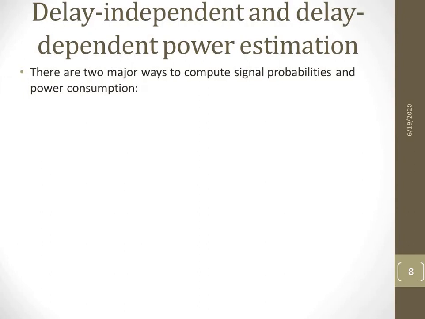Now, delay independent and delay dependent power estimation. There are two major ways to compute signal probabilities and power consumption: one is delay dependent and the other is delay independent.